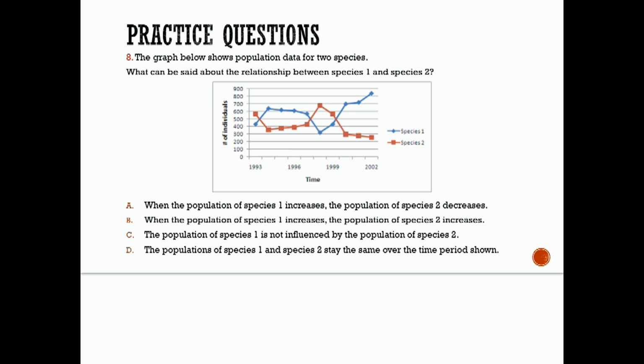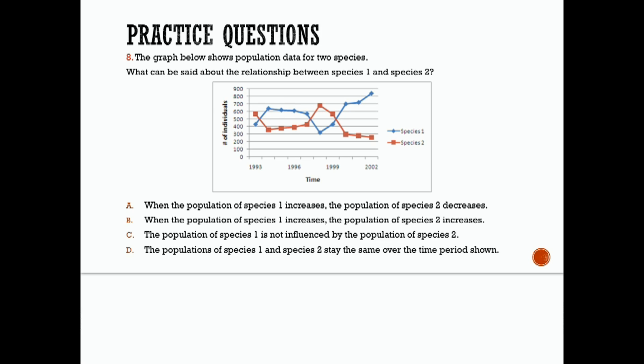Last one, number 8. The graph shows population data for 2 species. We've got species 1 in blue and species 2 in red with the squares. What can be said about the relationship between species 1 and species 2? So pause this, read these over, and see what can be said about the relationship between these 2 species.